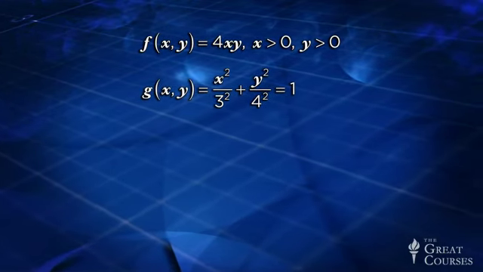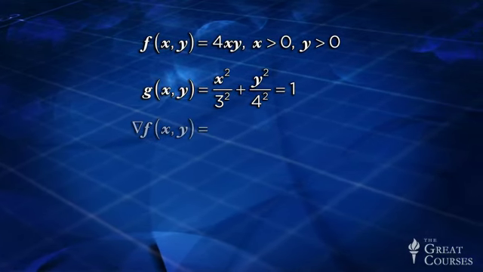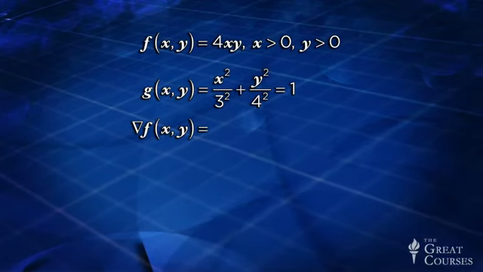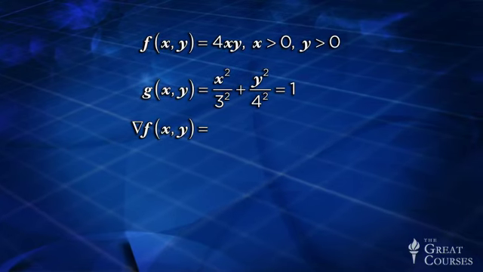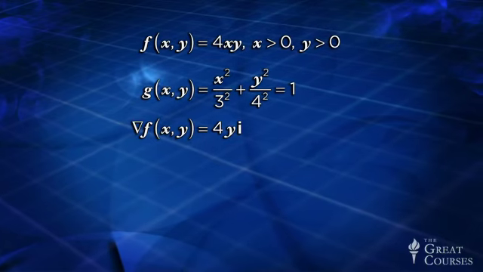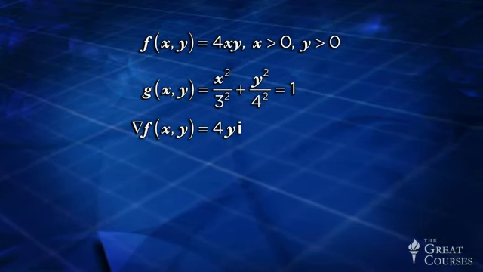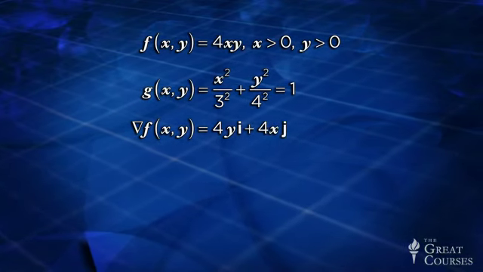You have your function f and you have your constraint g. The gradient of f, we're going to need that, and that's equal to, well, the function is 4xy. I need the partial of f with respect to x, that's 4y, so the first term is 4y i. Then I need the partial with respect to y, that'll be 4x, so the second term is 4x j.